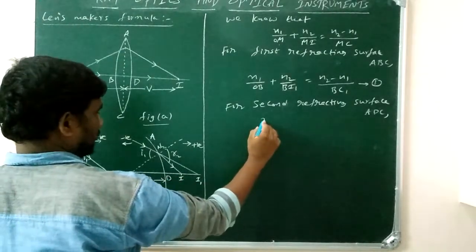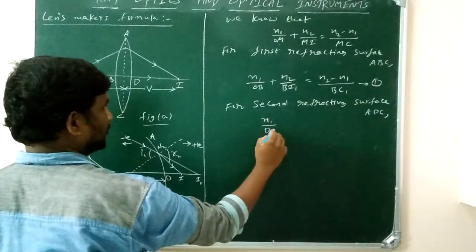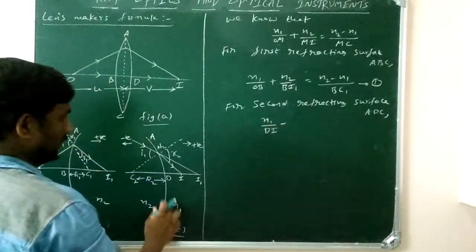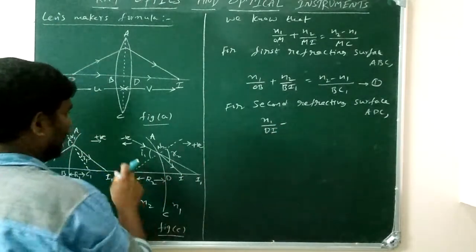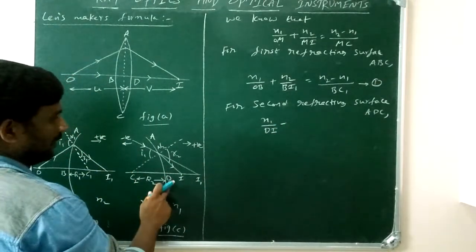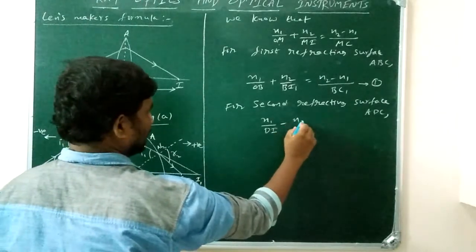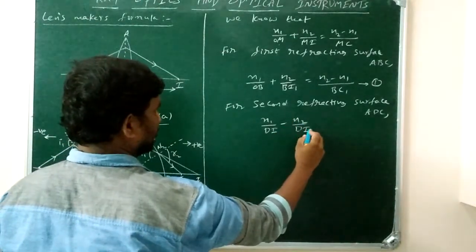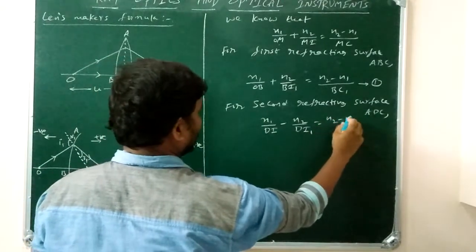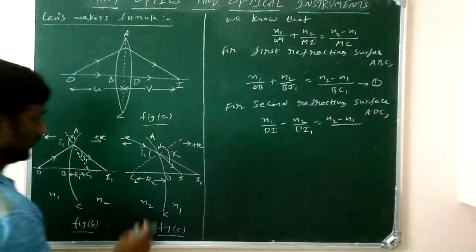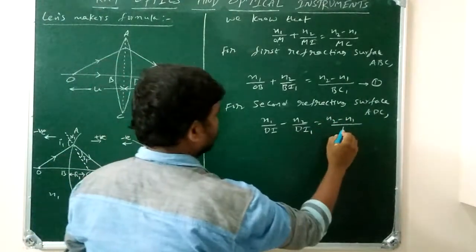We write n1 by DI minus n2 by DI1 is equal to n2 minus n1 by DC2.